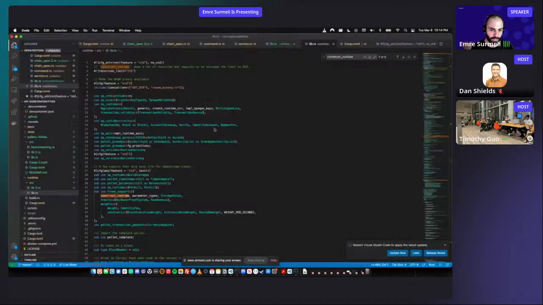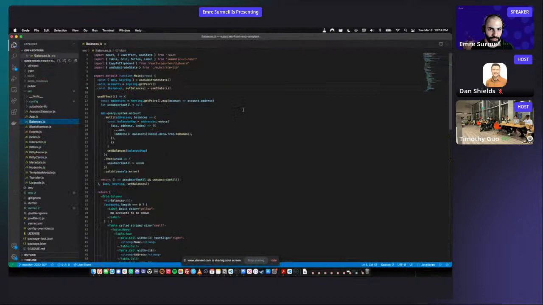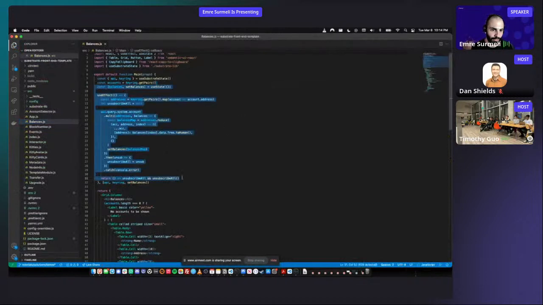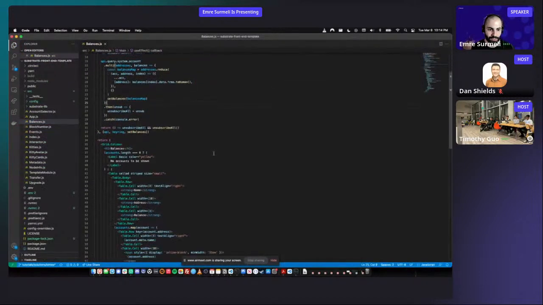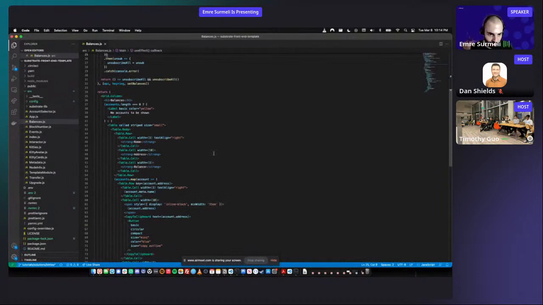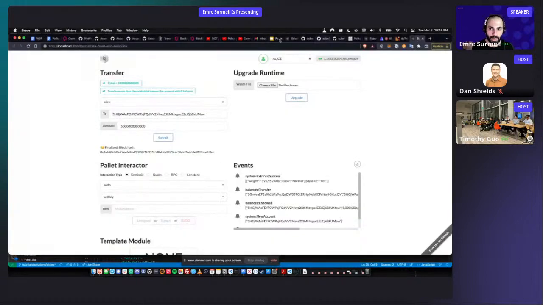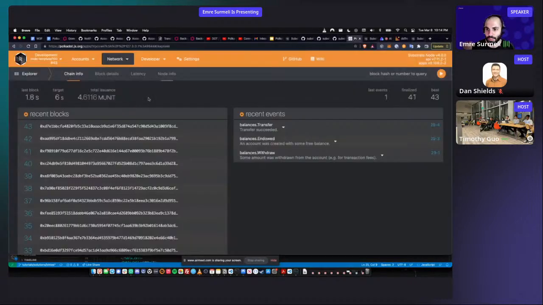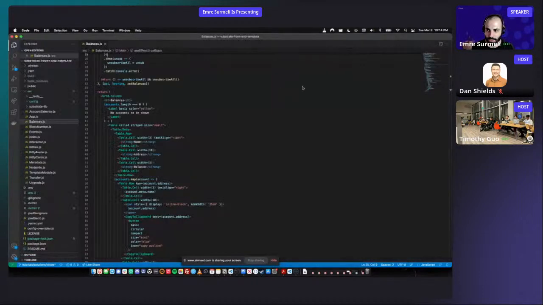I can take a look at the React code. And if you want to add anything to the React code to make it more interactive in an application-specific way, that allows it. But if you want to just run the node and just use the Polkadot JS UI, we can do that too.